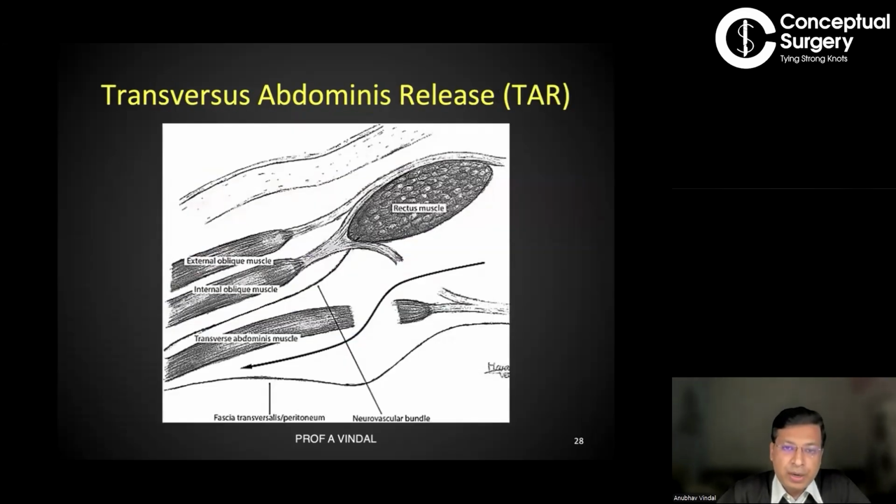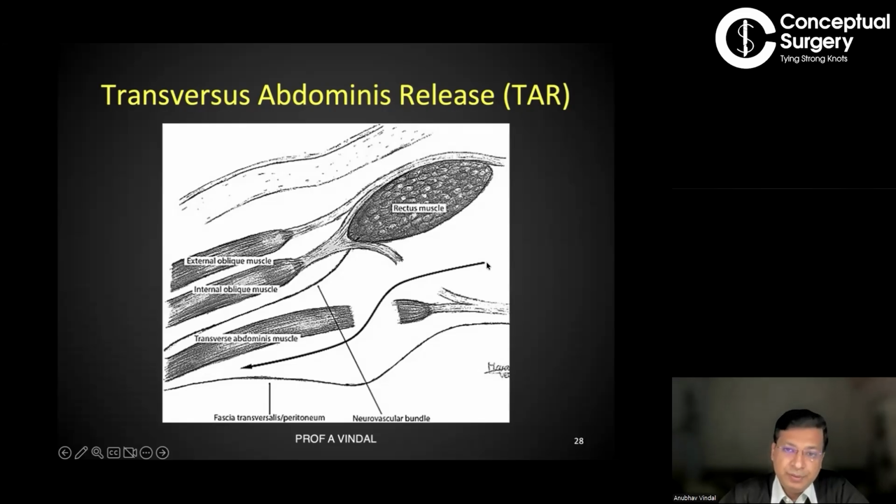Now, a word about the anatomy of the transversus abdominis release or the posterior component separation operation, which is known as a TAR. This concept was possible because of the fact that the transversus abdominis muscle and the posterior lamina of the internal oblique aponeurosis, both of these give rise to the posterior rectus sheath.